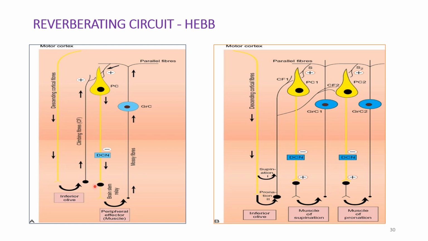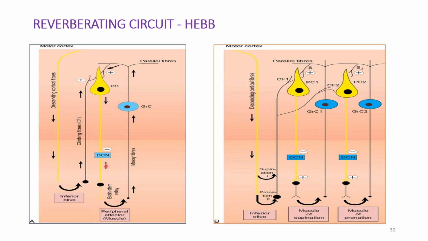It is shown here. From the inferior olivary nucleus, climbing fibers will arise. They will excite the Purkinje cell, and from other sources, mossy fibers will come and excite the granule cell, and they will form the parallel fibers and excite the Purkinje cell.